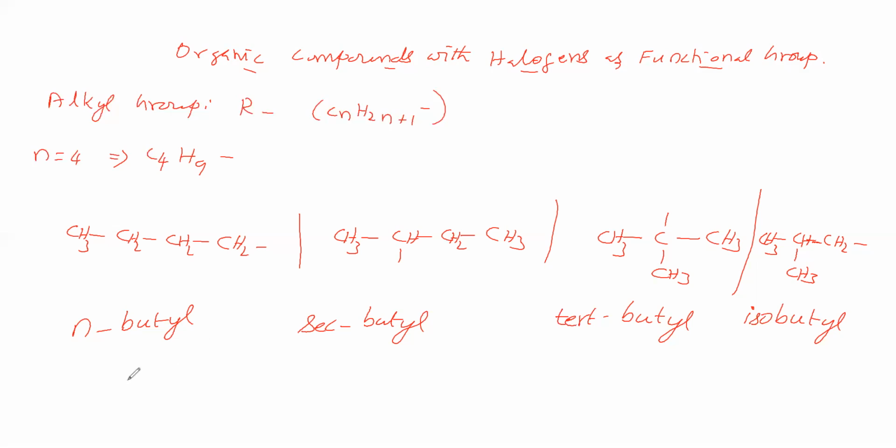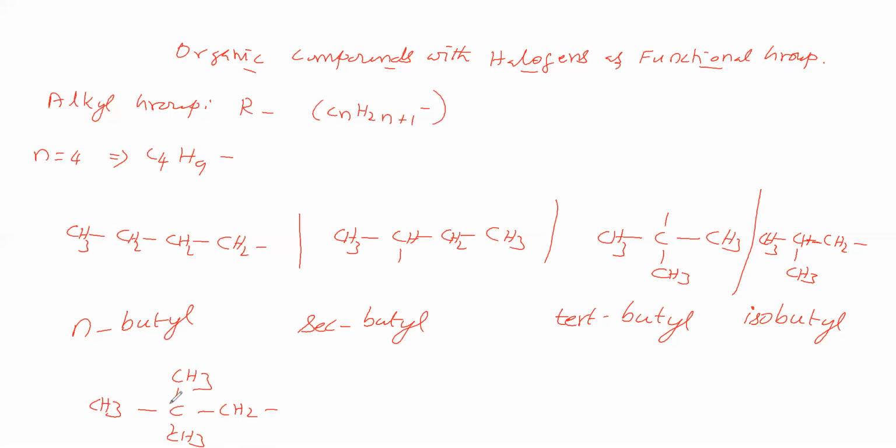Now we will see another compound: CH3, CH3, CH3, here CH2, like this. Unsaturation is present at the primary carbon, and this carbon is bonded with 4 other carbons, therefore this carbon is quaternary carbon.